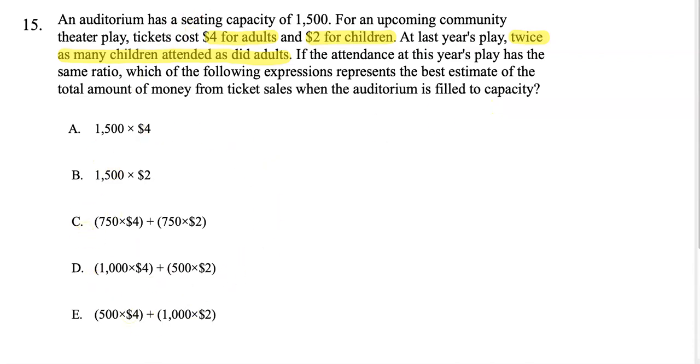So let me do a little teaching first. You should see that it's $4 for adults. That just means that we're going to have $4 times the number of adults that attend.